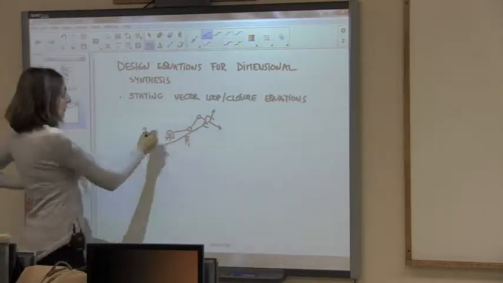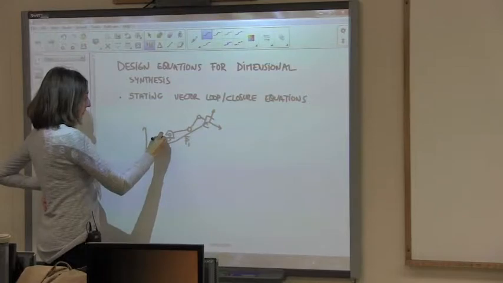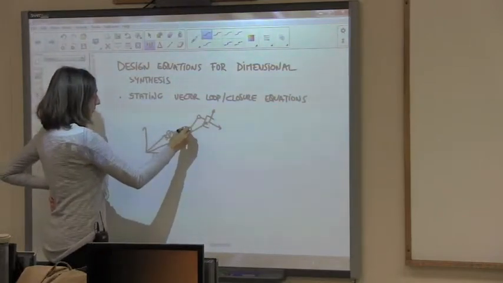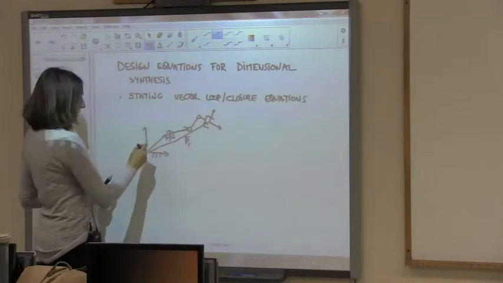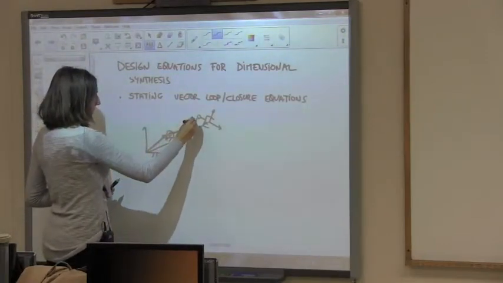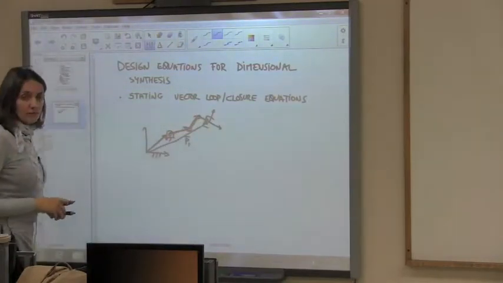Then you can write a loop here. You can say, okay, and these are all unknowns. So this vector plus this vector, let me just put them in a different color. You can say this plus this plus this plus this has to be equal to that. Okay.